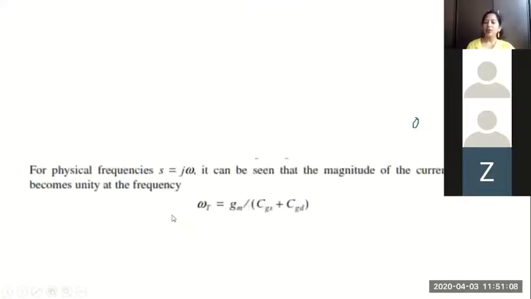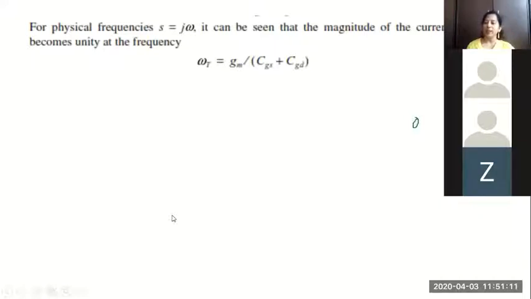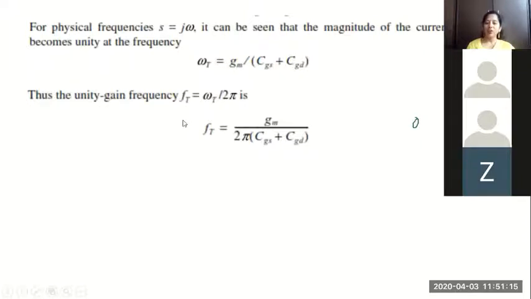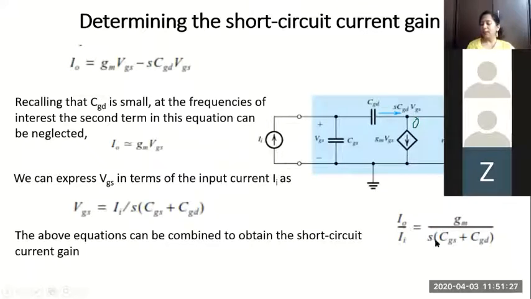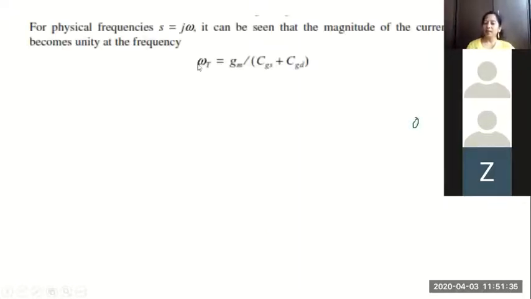So let's try to measure the transition frequency Ft. How do I measure this transition frequency Ft? So replace S with j omega, and where do I have that? I have S in the denominator. I'll replace it with j omega, and I'm trying to find what is the value of that omega. Remember, at omega equal to omega t, the short circuit current gain becomes 1.